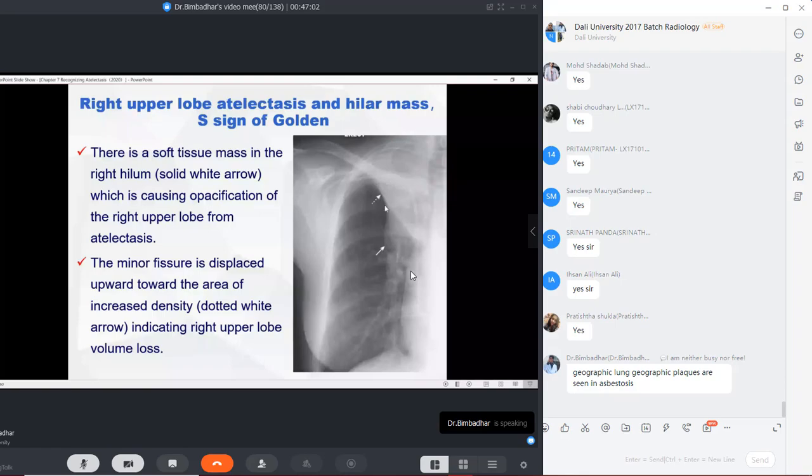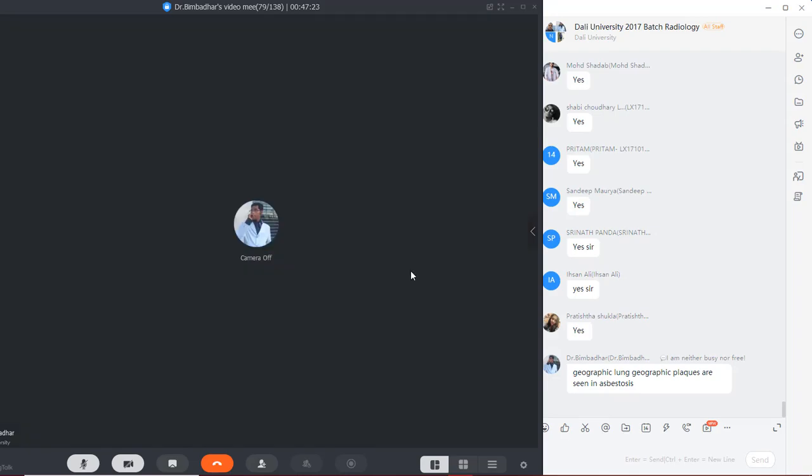And this is the border of the soft tissue mass. Both of them together look like an S. So this is called the Golden S sign. It is a characteristic feature on an X-ray like this.